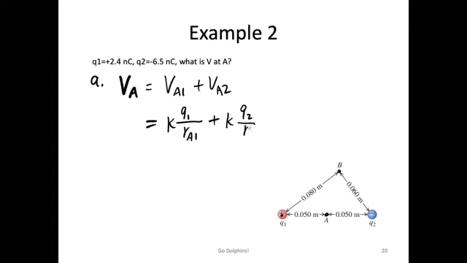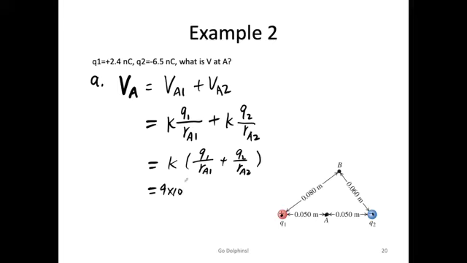Plus K Q2 over RA2, which is the distance from A to Q2. So K Q1 over RA1 plus K Q2 over RA2.